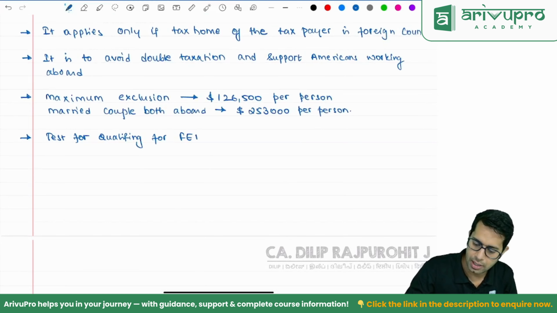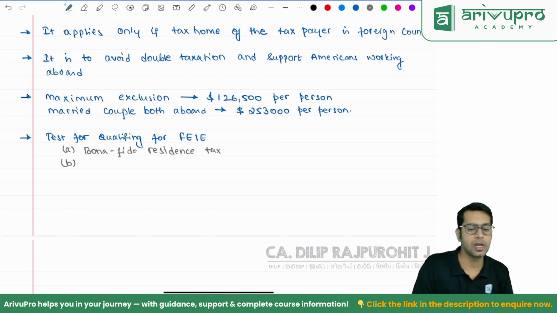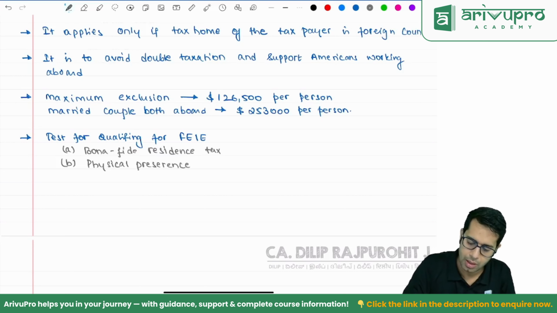One is your bona fide residence test. You should be resident of that foreign country for the full year, meaning your full tax year should be that foreign country only. And physical presence test.